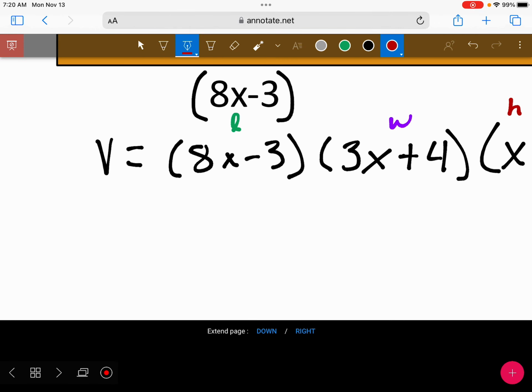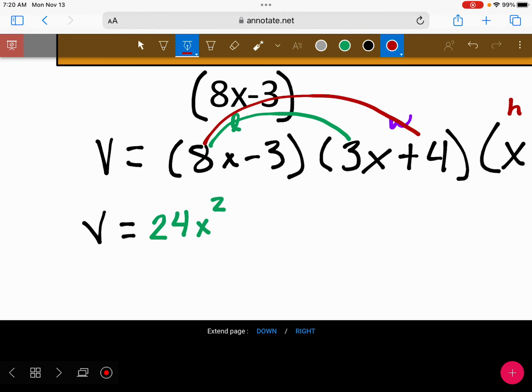It's been a minute since we did polynomial multiplication, so I want us to practice it. Our volume is, and we're going to take our 8x times our 3x to get 24x squared. Going to take our 8x times 4, and when in doubt, feel free to use the calculators.